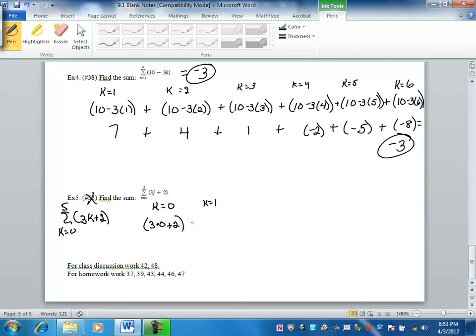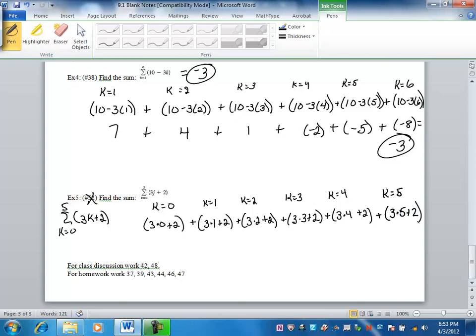K equal 1 is going to look like 3 times 1 plus 2. K equal 2 is going to look like 3 times 2 plus 2. K equal 3 is going to look like 3 times 3 plus 2. K equal 4 is going to look like 3 times 4 plus 2. And k equal 5 is going to look like 3 times 5 plus 2.